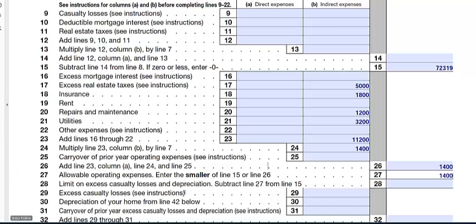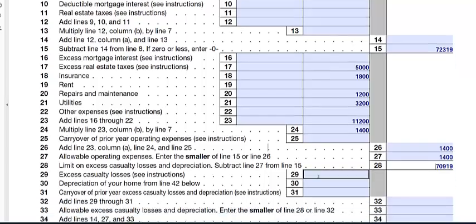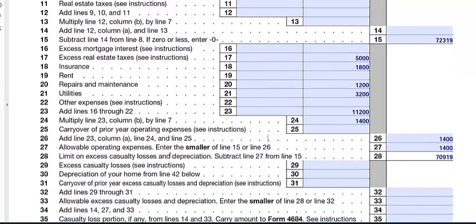Then line 28 wants us to subtract line 27 from 15. So when we take 72,319 and subtract 1,400, we get 70,919. Now, this is the maximum we can take for casualty losses and depreciation.